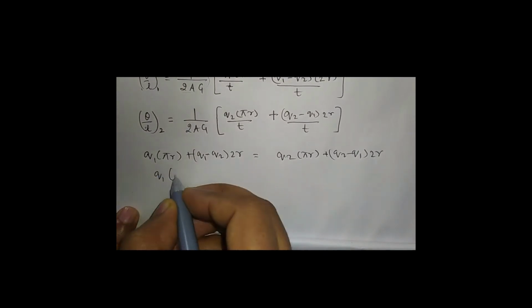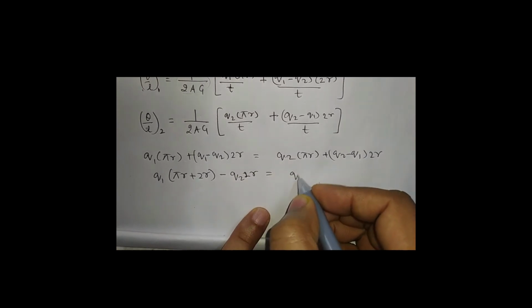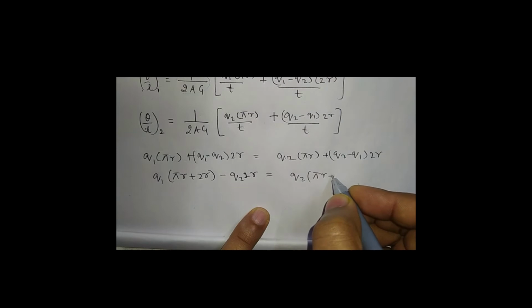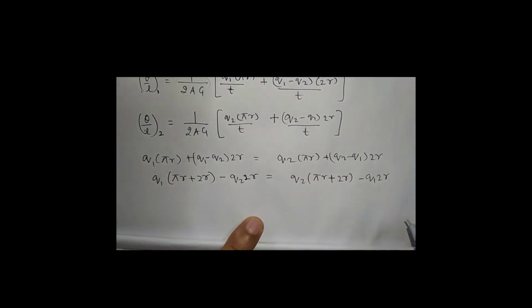So from here, Q1 (pi r plus 2r) minus Q2 into 2r. We are just solving this, and Q2 (pi r plus 2r) minus Q1 2r.